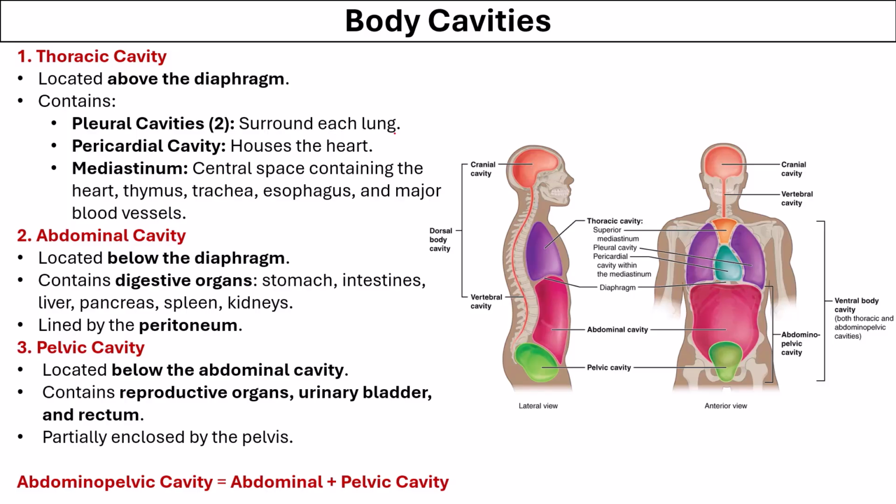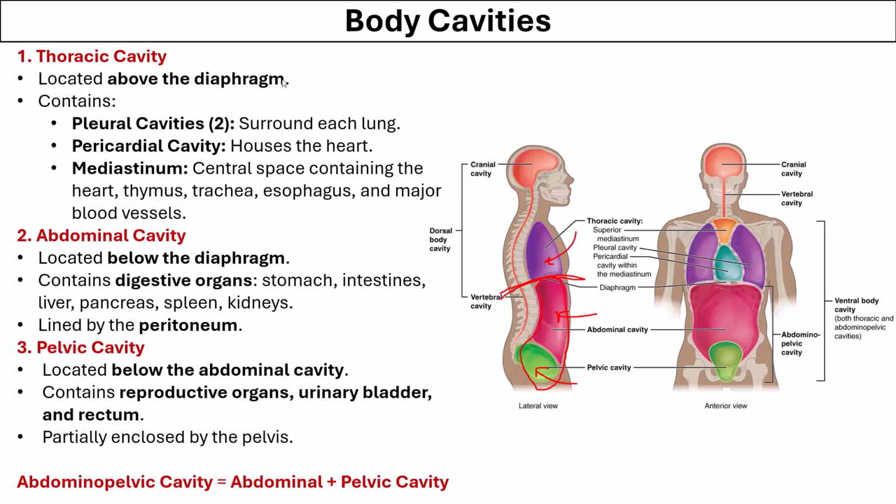There are three major cavities in our body: the thoracic cavity, the abdominal cavity, and the pelvic cavity. But pelvic and abdominal are continuous or fused, and we call them the abdominopelvic cavity. The thoracic cavity is above the diaphragm, which is what separates these two parts.